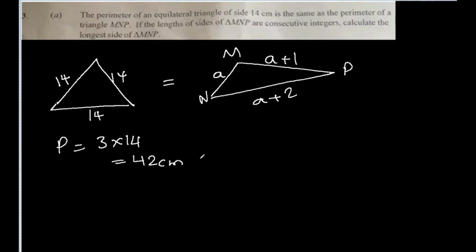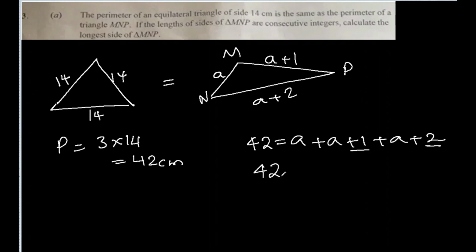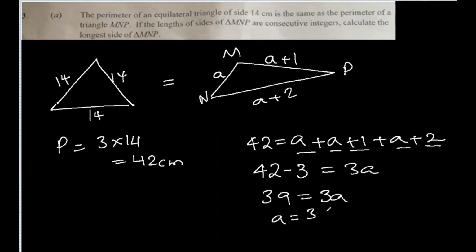So 42 is equal to A plus A plus 1 plus A plus 2. 1 plus 2 is 3, and let's move it to the other side. 42 minus 3 equal to A plus A plus A, 3A. 39 is equal to 3A.